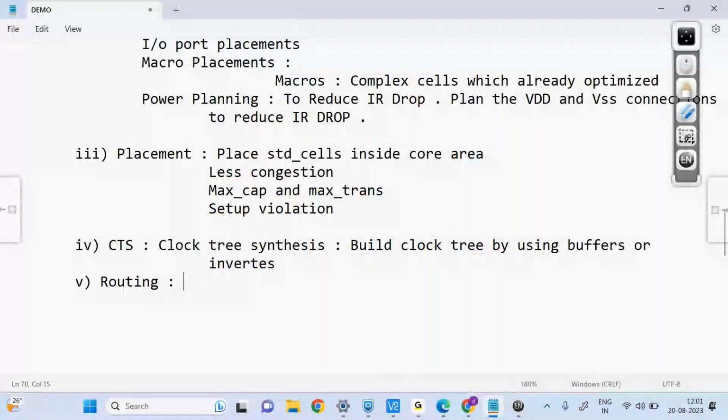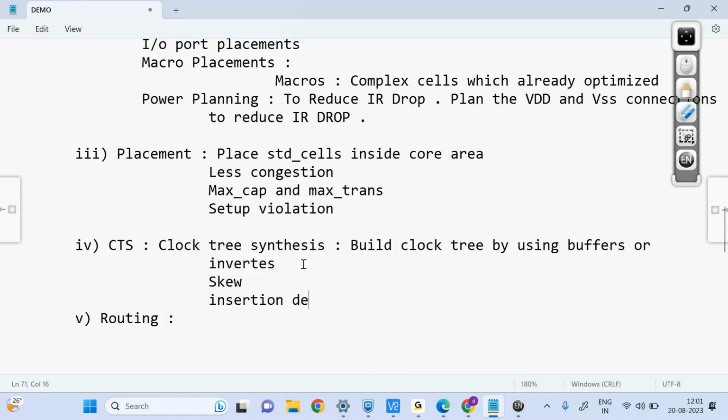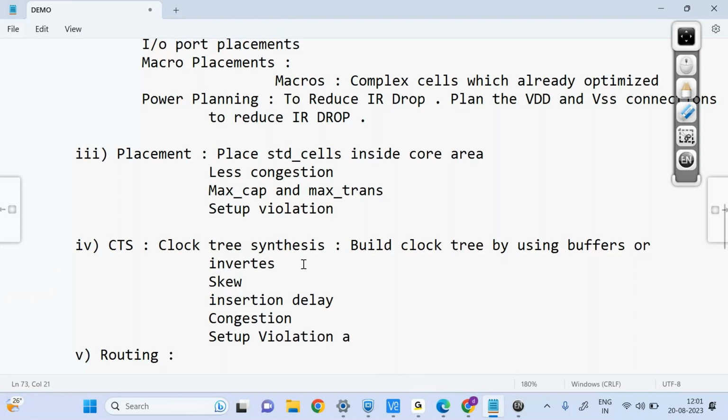See, after CTS, we have to do many checks. We have to check skew, insertion delay. Again, we have to check congestion. We have to do setup violation check, setup and hold violation.